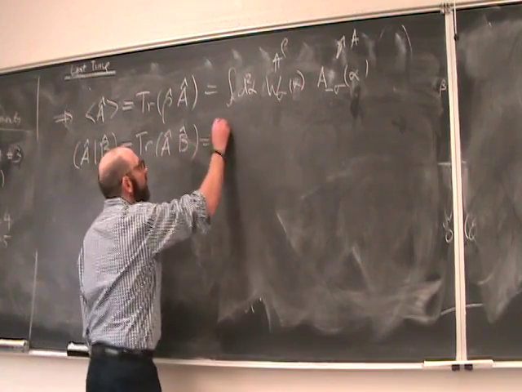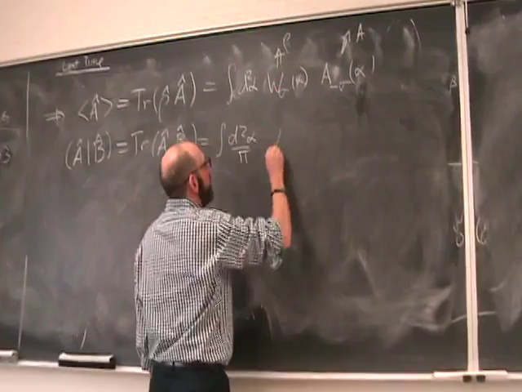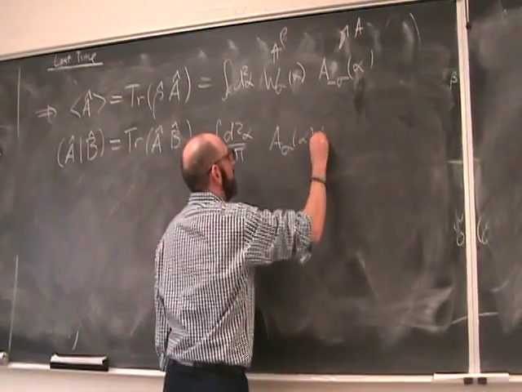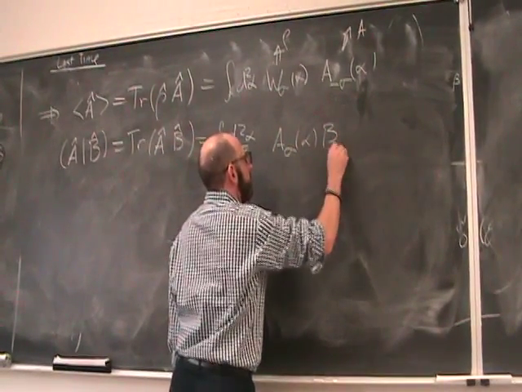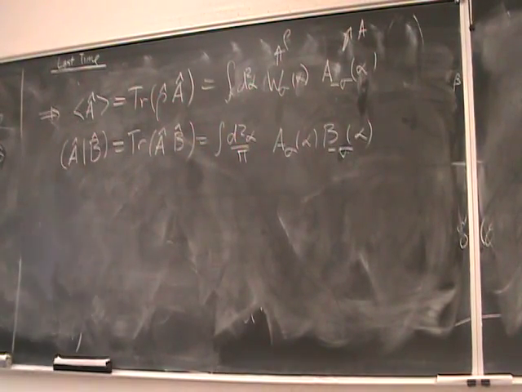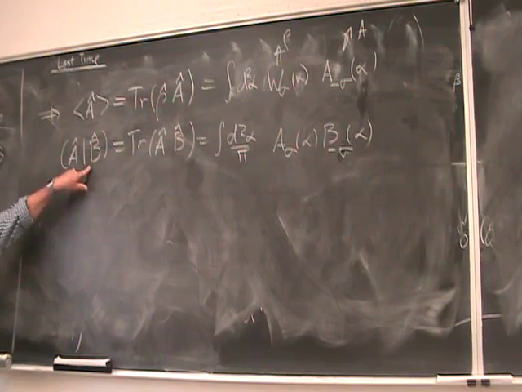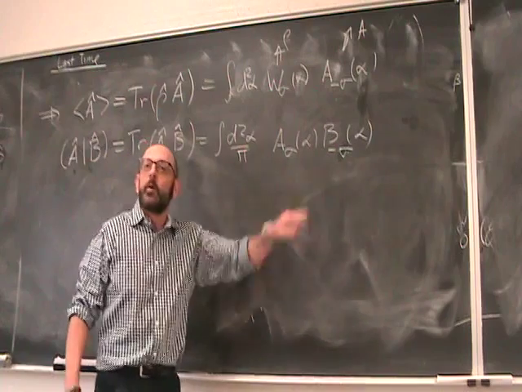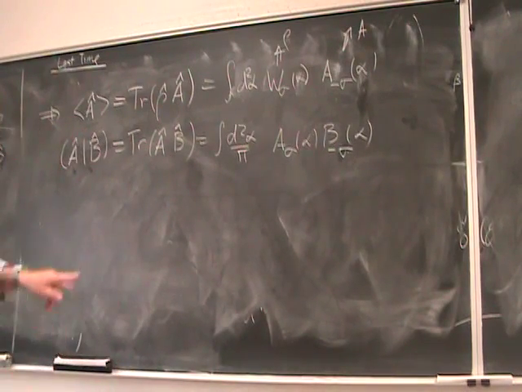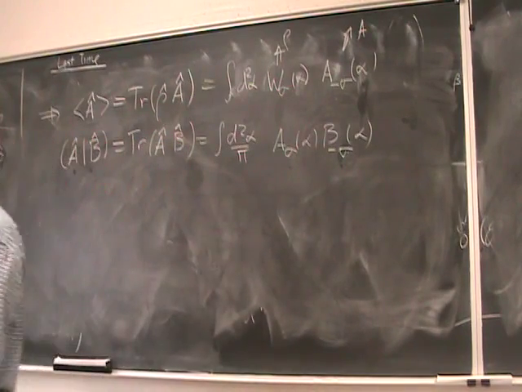This is equal to the integral, so it's a general expression of how you look at the inner product between the two operators, the so-called Hilbert-Schmidt inner product, in terms of the representations on phase space. And they come in these different ordered pairs between them.